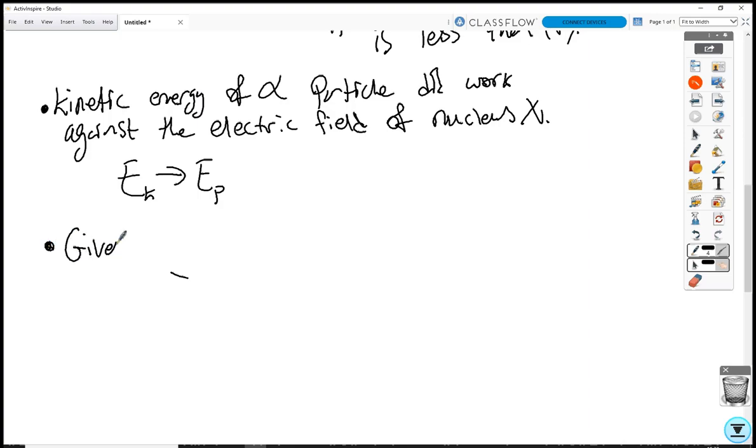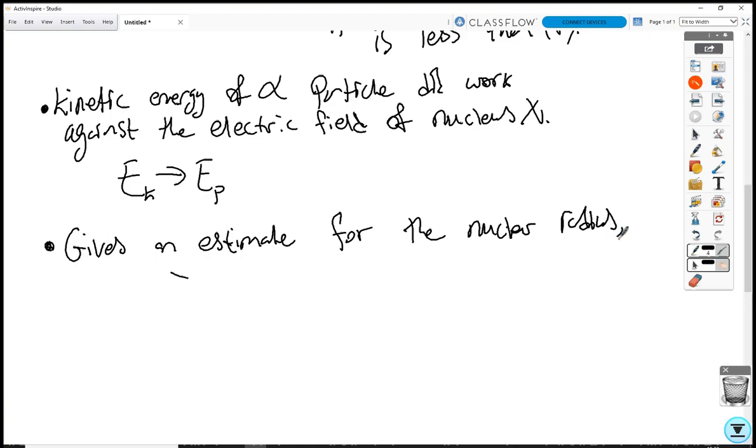And so this gives an estimate for the nuclear radius, but it's an overestimate.